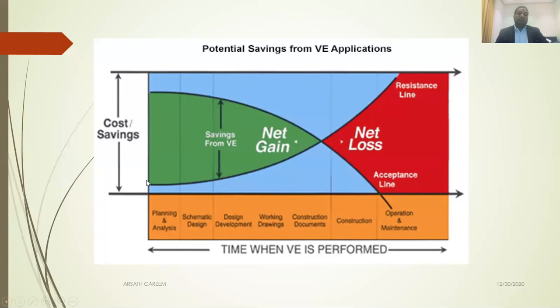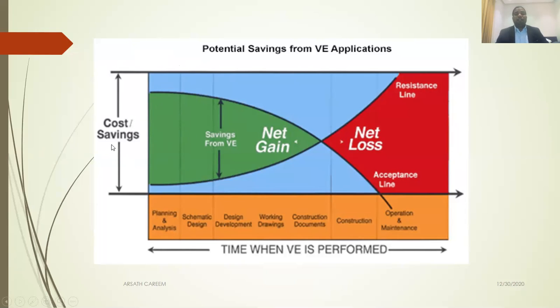This is from research. So value engineering should be carried out in the early stage, depending on the project value. Because for a small project, if you establish value engineering, the initialization of value engineering will cost more than your savings. So it's most suitable for a big project if you want a big saving.